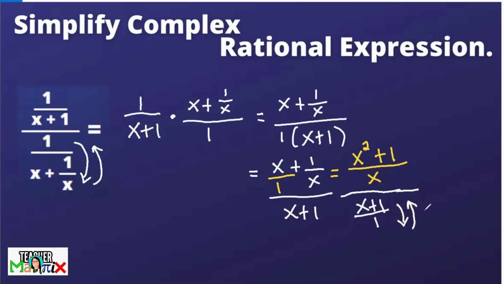So it now becomes 1 over x plus 1. Okay. We will flip this because you're going to multiply x squared plus 1 over x. Okay, multiply this by 1 over x plus 1.